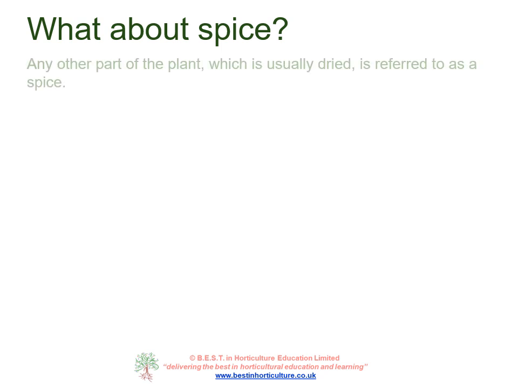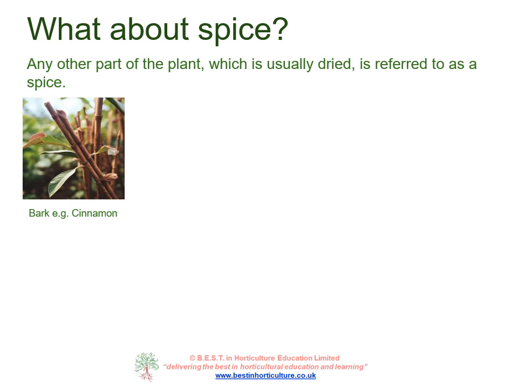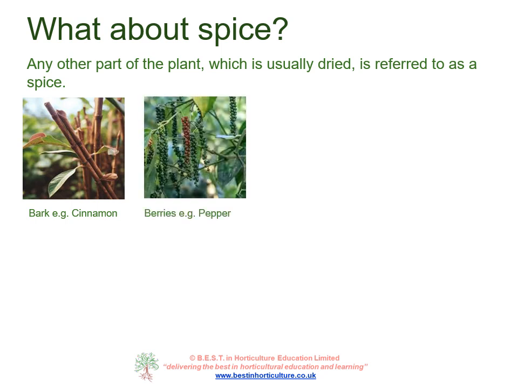But what about spices? Any other part of the plant, which is usually dried, is referred to as a spice. And this can include a number of different parts of the plant. For example, the bark, an example here would be cinnamon. Dried berries, familiar here with peppercorns.